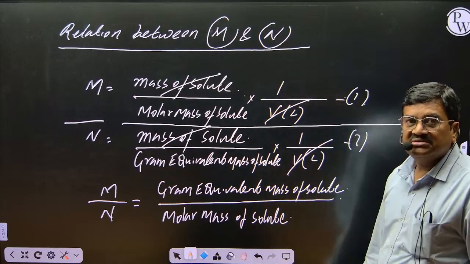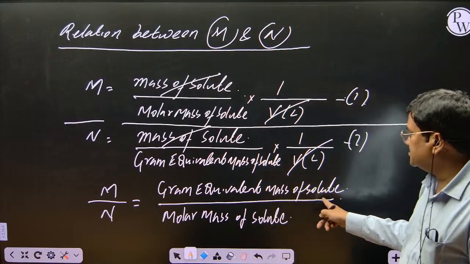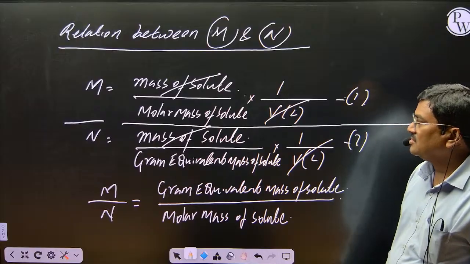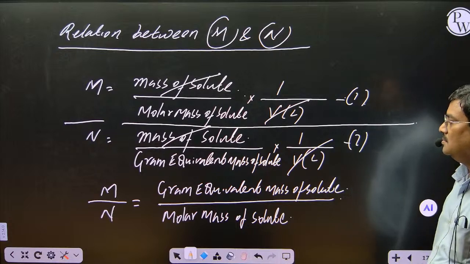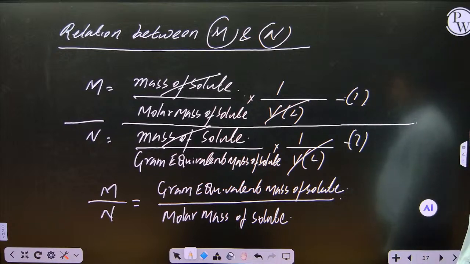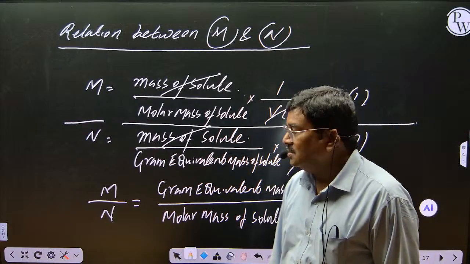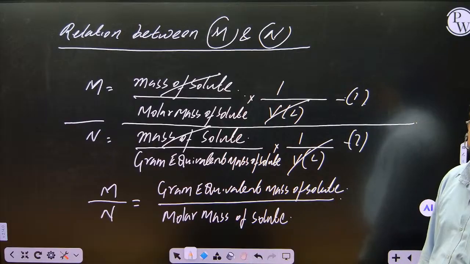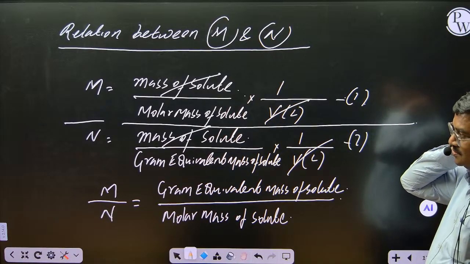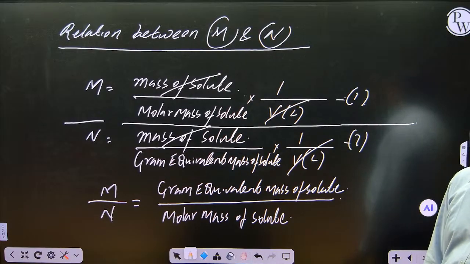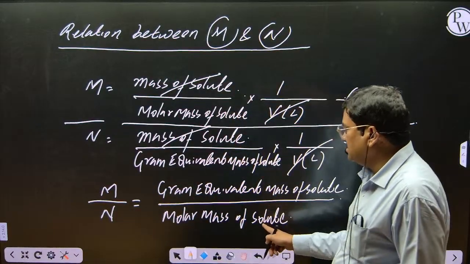Check, everyone, molarity by normality equals gram equivalent mass of solute by molar mass of solute. Copy this up to here. Understood, students?